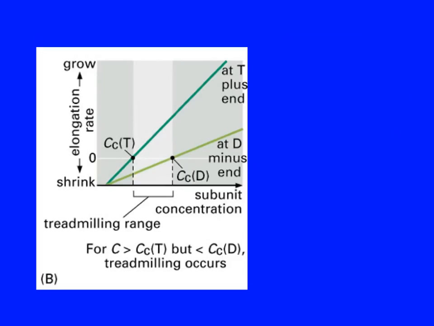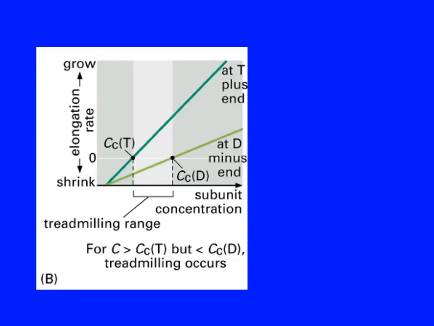Okay, let's just look at the dark green filament. Here's the dark green. Okay, and they're saying, all right, this particular filament is for the plus end. The plus end is going to have a different rate than the minus end. Okay? How is rate measured on a line like this? Slope.